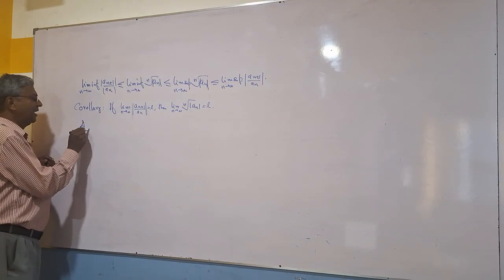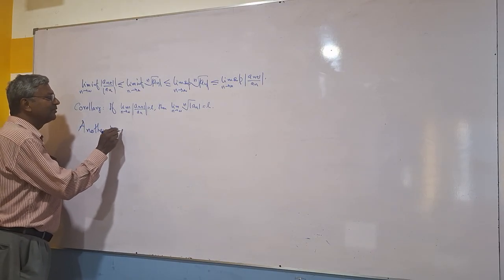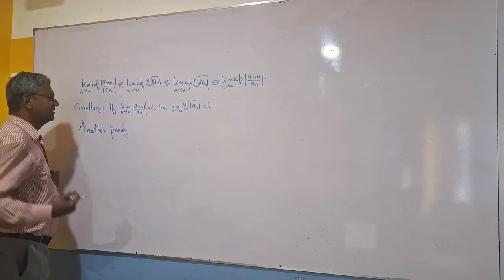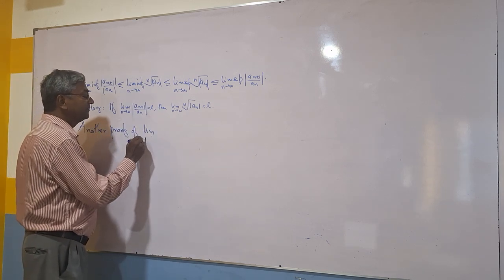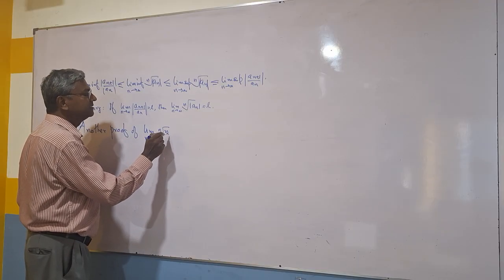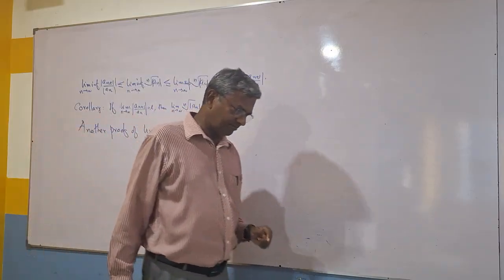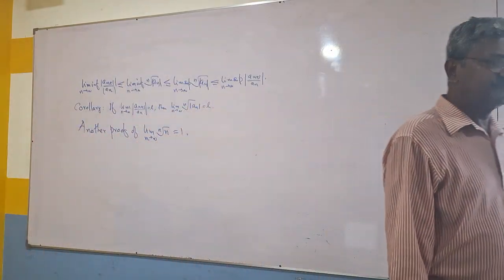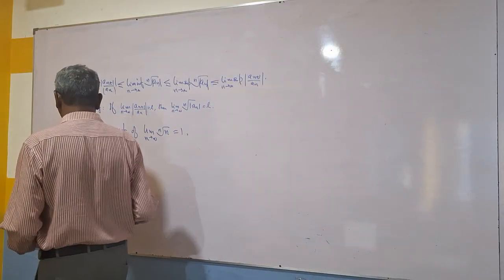Another proof, because you have to collect analysis. I have another proof of the limit of the nth root of n being equal to 1. Another one. I am going to write the proof.